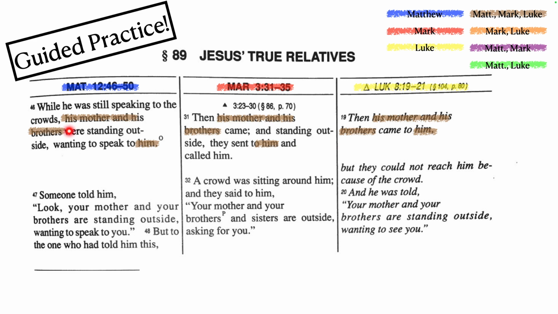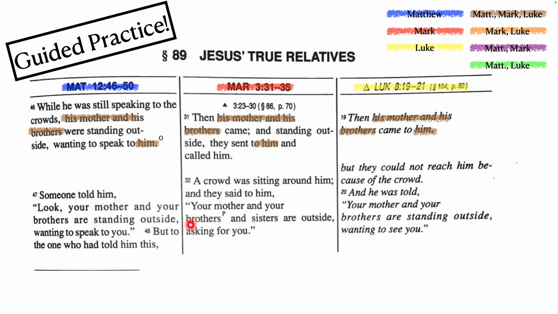We have his mother and his brothers and the pronoun him in all 3 of the synoptic gospels. There's a little bit of difference in the framing between the different gospels, but all of them have Jesus's mother and his brothers there and them approaching him in some way.